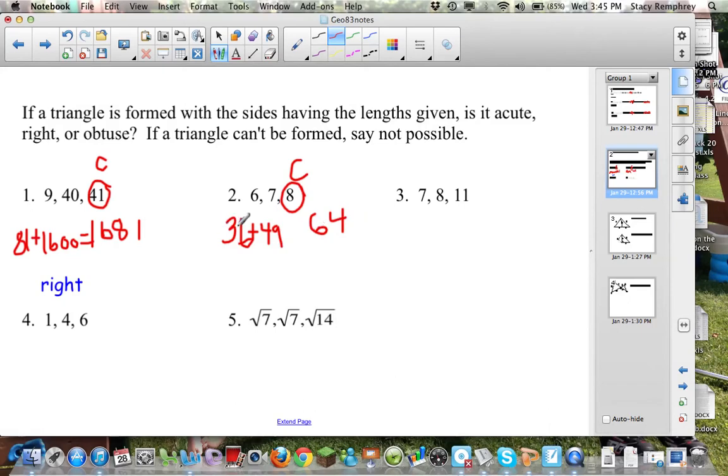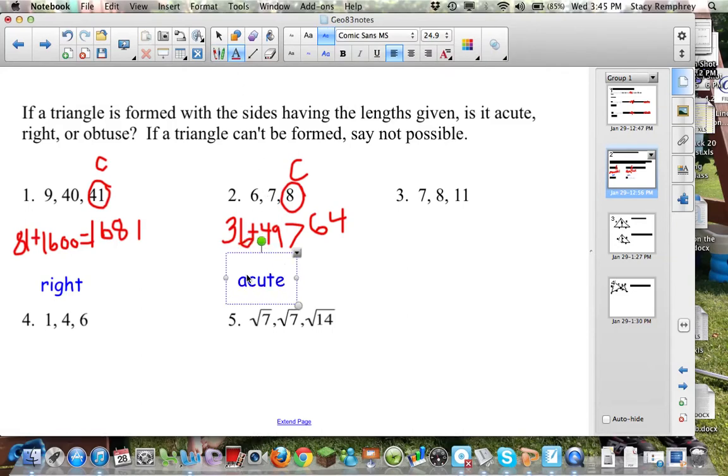So my A squared plus B squared is here. I can see that is greater than the C squared. So since the C squared is smaller, that means the angle across from it is smaller, if you think of it that way. So this is an example of an acute triangle. By the converse of the Pythagorean theorem, we can say that. It's kind of a corollary off of that.